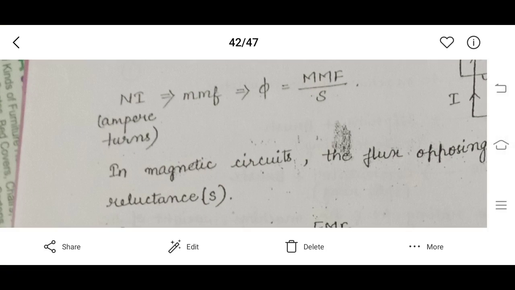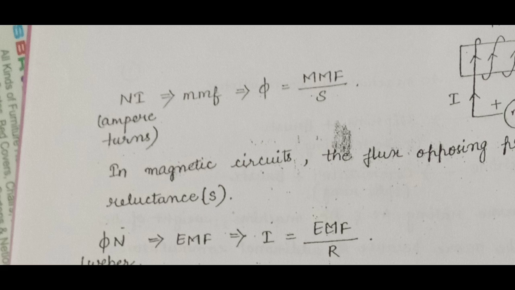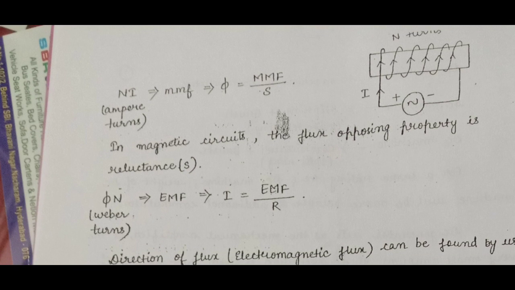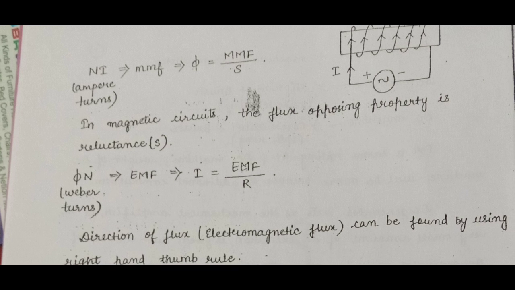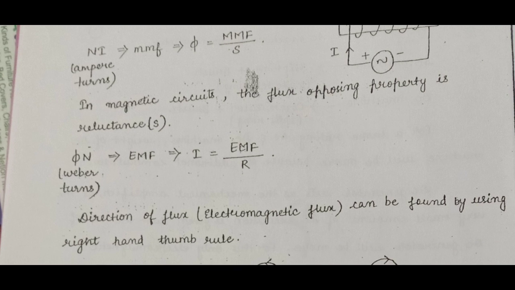In a magnetic circuit, the flux opposing property is reluctance. Phi N is in Weber turns, and EMF is also called N phi.